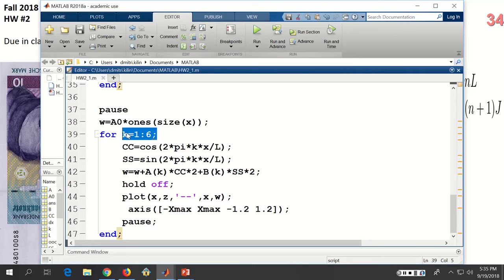So 1/100. So basically, number of steps. At the very top of the line, there is L equals 1. And then dx equals L divided by. So this one is proceeding.